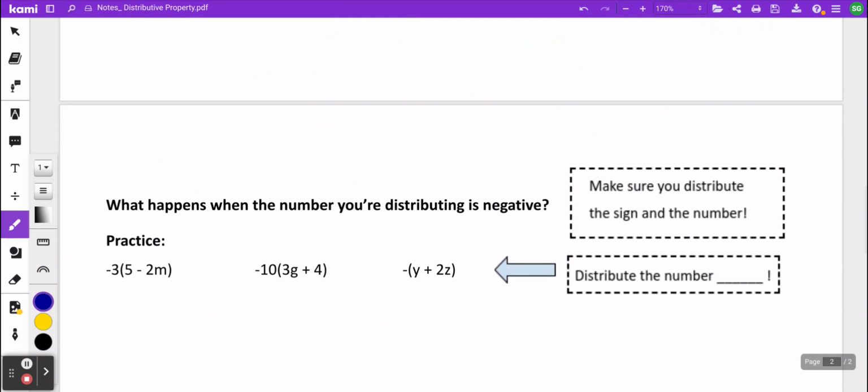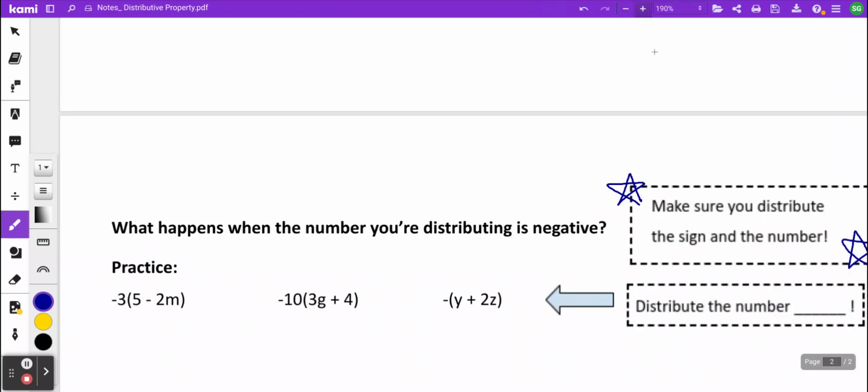So notice I've got 3 down here for us to try now, and instead the number in front of those parentheses is a negative number. The idea is the same. We're going to be doing multiplication, but my advice for you for these is make sure you distribute the sign and the number. And sometimes it helps to break it into 2 steps. So we can always do that as well.